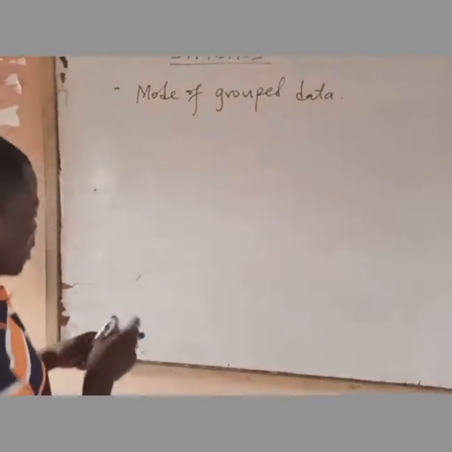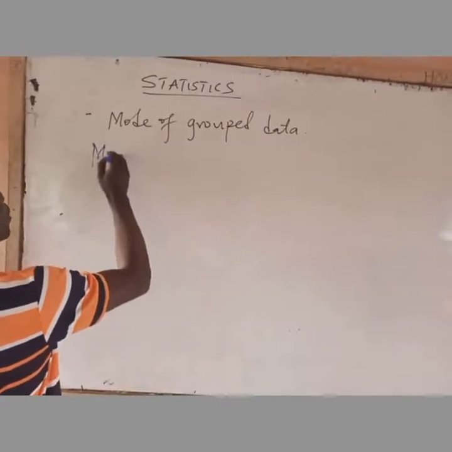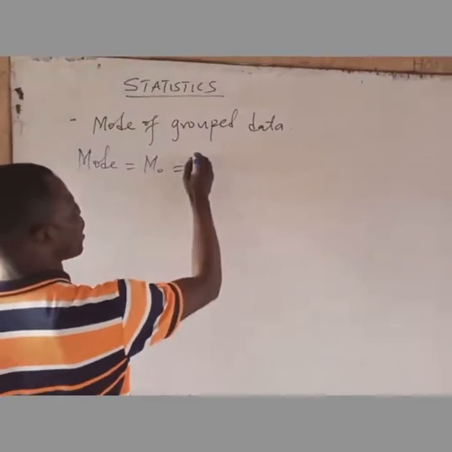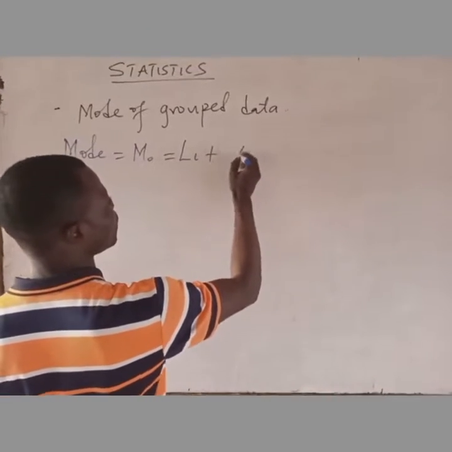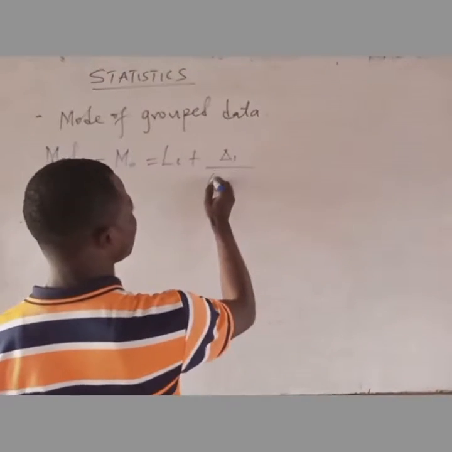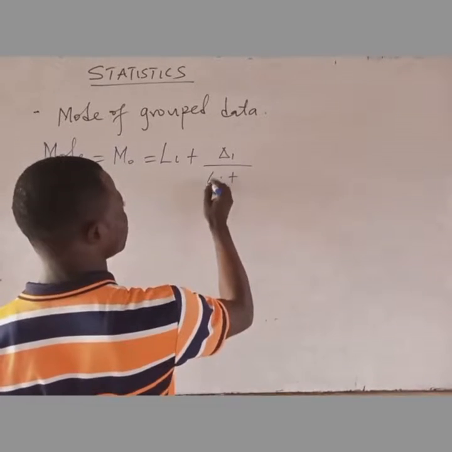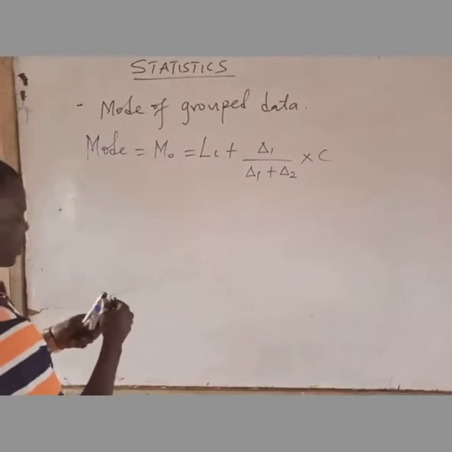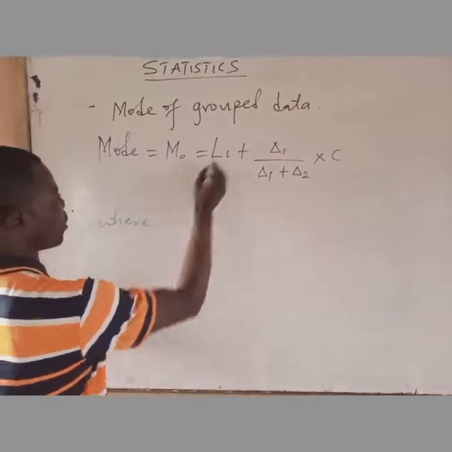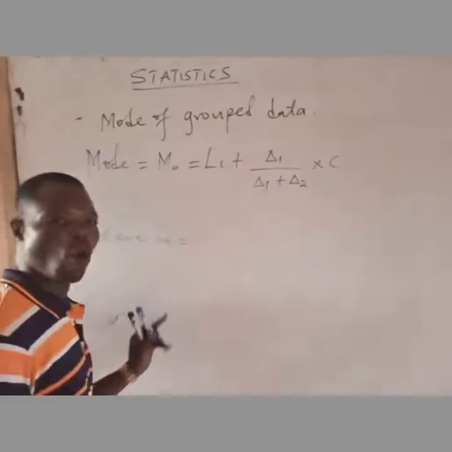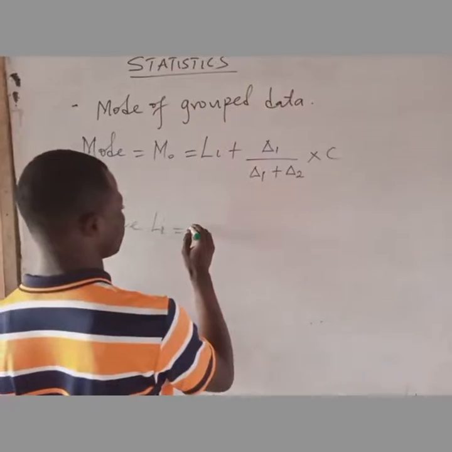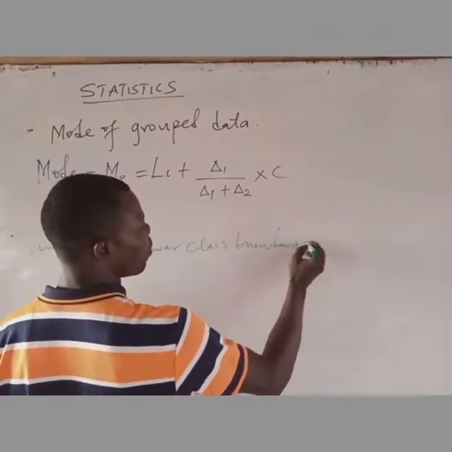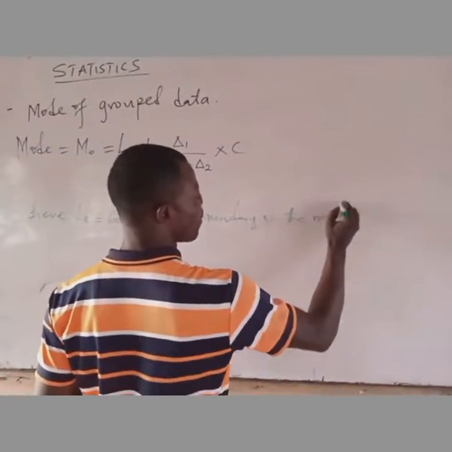For grouped data, the mode is given by this formula: mode M0 is equal to Li plus change 1 all over change 1 plus change 2, times C, where your Li is equal to the lower class boundary of the modal class.